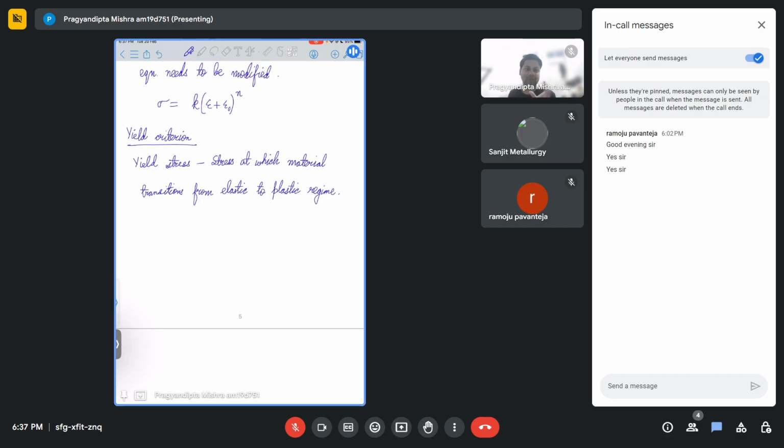If the load we are putting on the material does not exceed the yield stress, then the material will not yield. Or if it exceeds or reaches that value, then the material will yield, right?